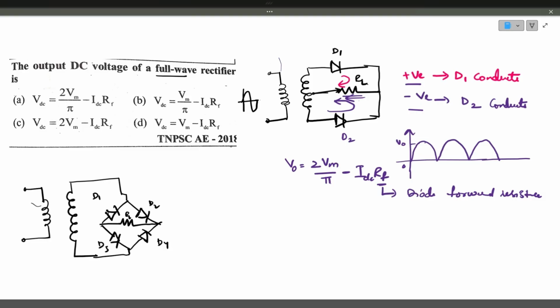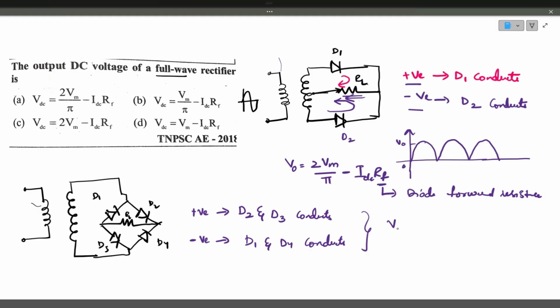During the positive half cycle of the input voltage, diodes D2 and D3 conduct. Here 2 diodes are conducting simultaneously for the positive half cycle. Similarly, for the negative half cycle, diodes D1 and D4 conduct simultaneously. So we have a voltage drop across 2 diodes.